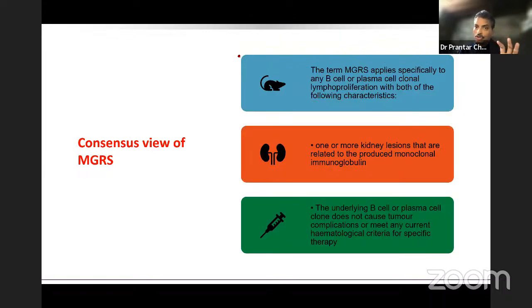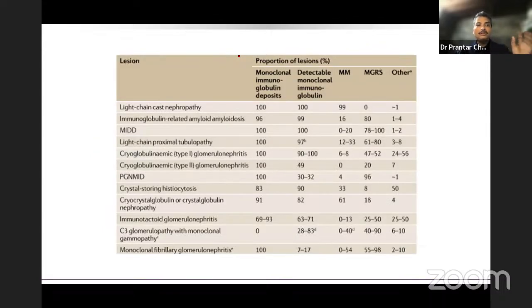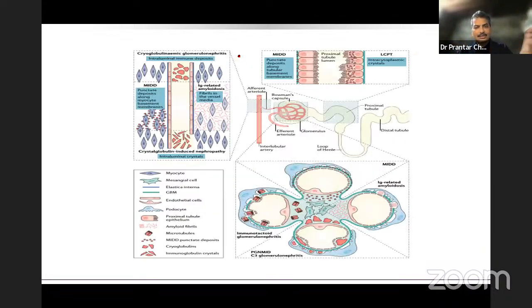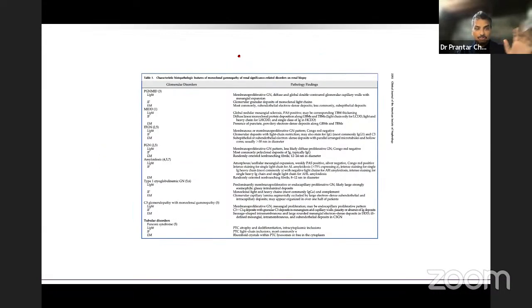It does not cause tumor complications, but you will find abnormal urine. It's actually a basket of various diseases, various etiologies, and your nephrohistopathologist is the best person to guide you. I'm not going into all these details.